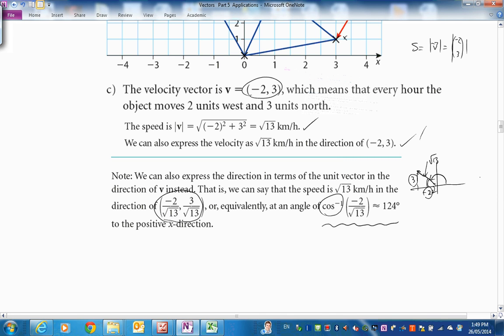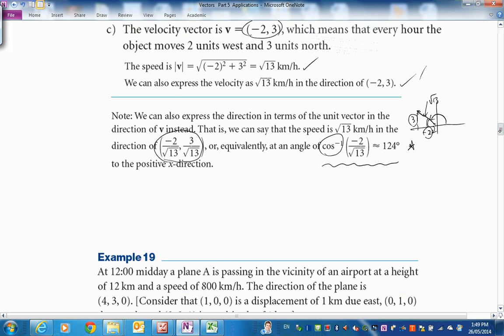So know your little bit of maths there for that angle, because you can use either the cos of the x value over the length or the tan of y value on x value. Okay, building up some ideas here.